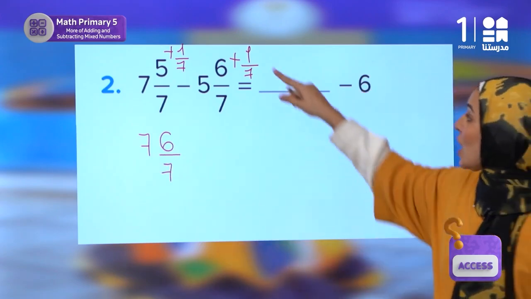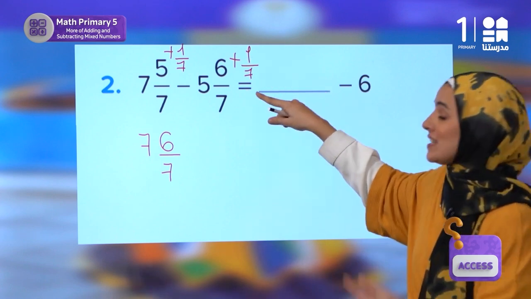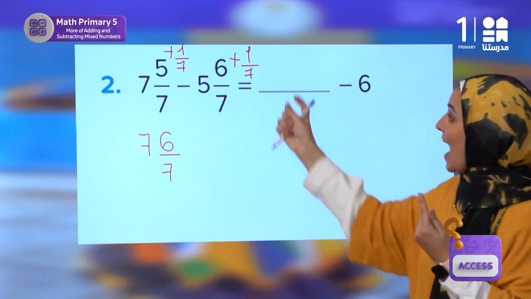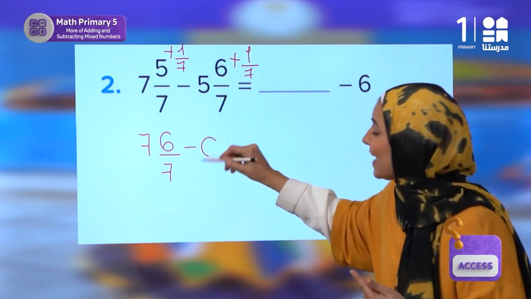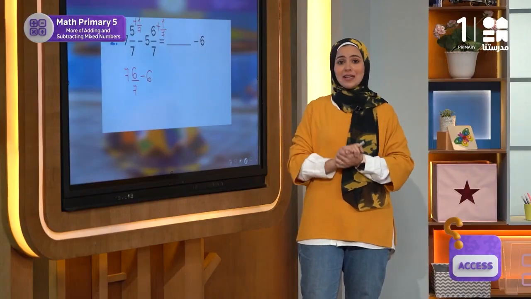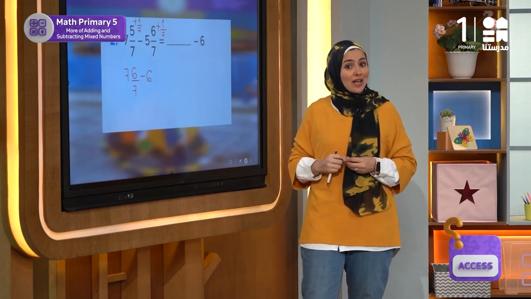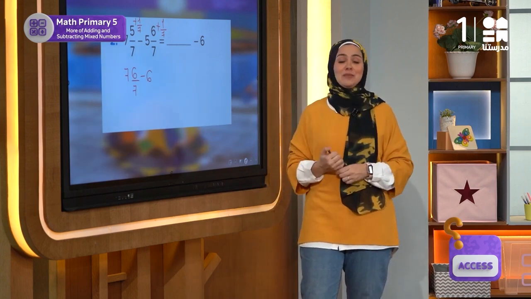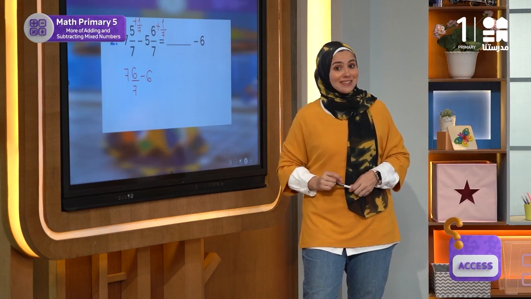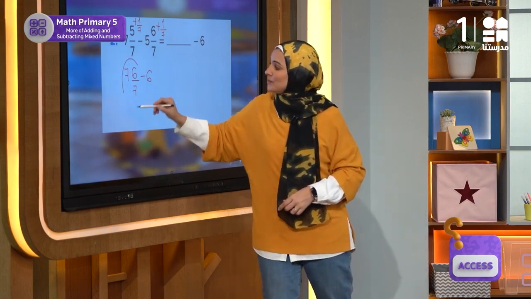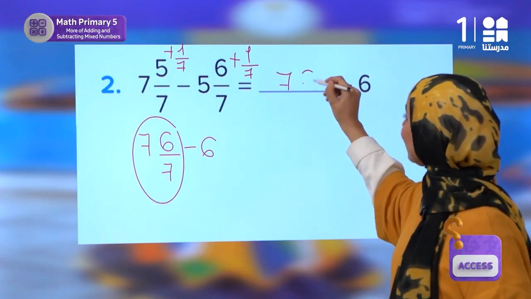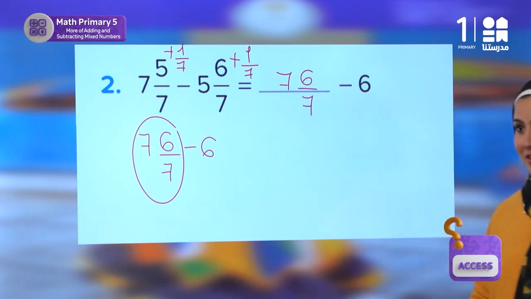What about this? 6 over 7 plus 1 over 7, this is 1 whole. Add it to the 5, you get a 6. Now, when we look at the right-hand side and the left-hand side, we will be able to easily determine the unknown value, which is what? Excellent. It's 7 and 6 over 7.